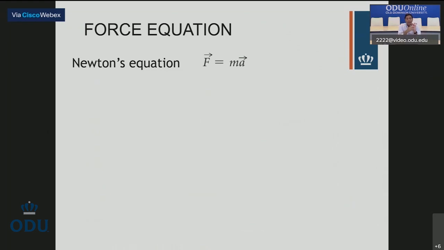In fluid, it's slightly different because I no longer have a static mass. My mass is moving. And because of that difference, the mass term in Newton's equation must be treated differently. And this is how.